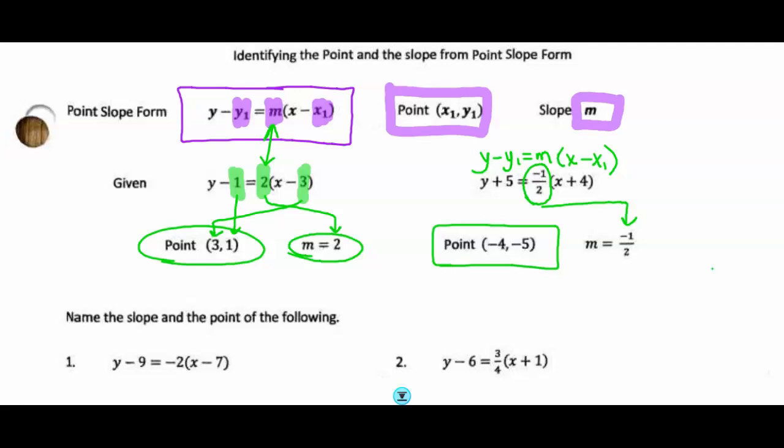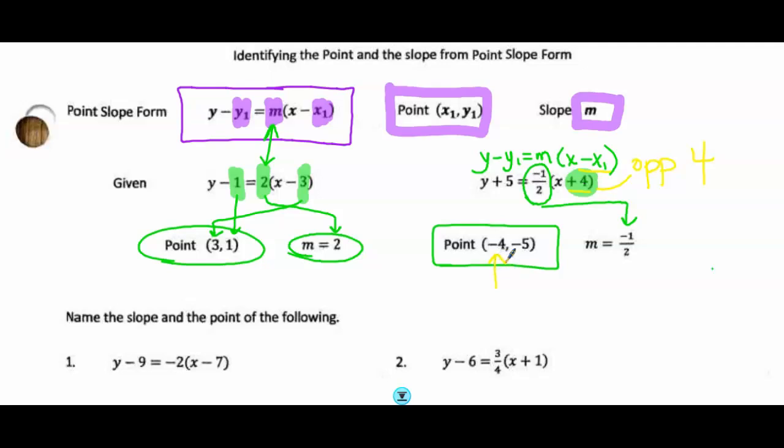What I want to point out to you is this here says plus 4, and when it says plus 4, you need the opposite, because point-slope form says minus x1. So if this is plus 4, you need the opposite of 4 as your point. That's why it says down here, negative 4.